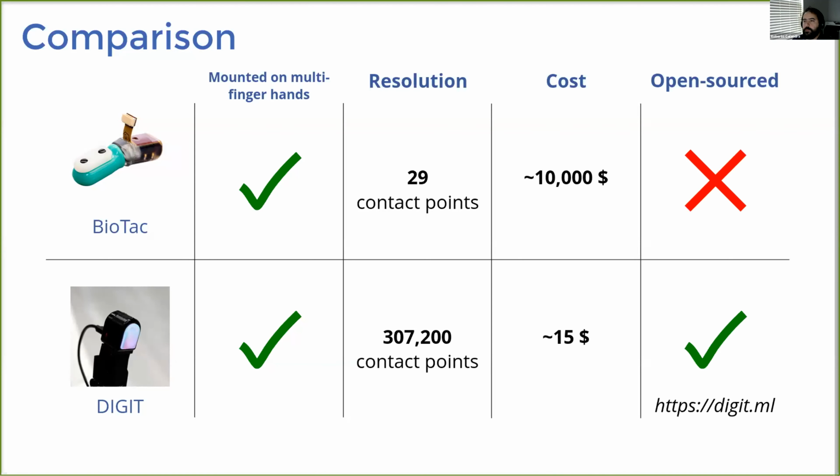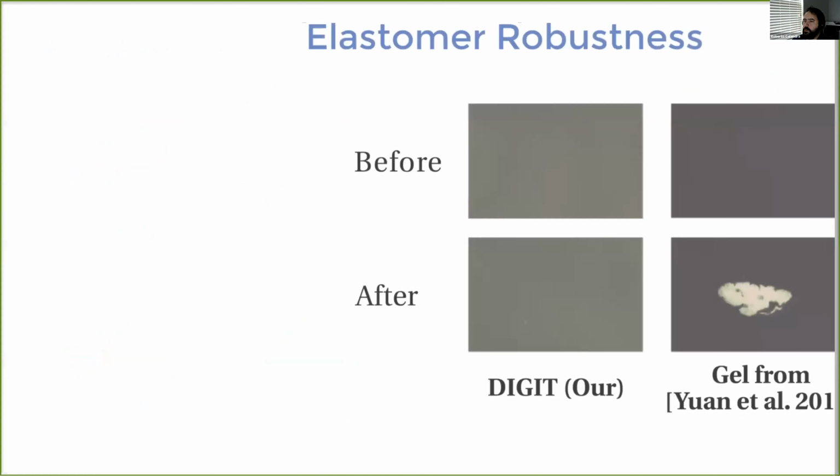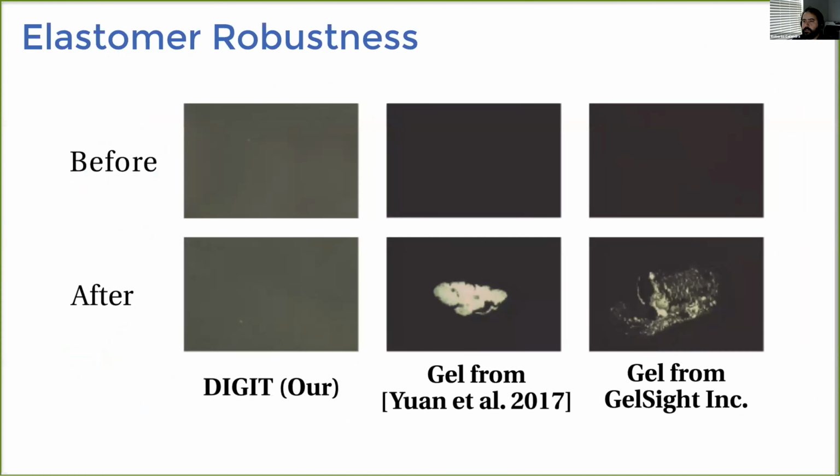So looking a little bit more into some of the improvements that we did in this sensor, I want to start from the elastomer. In parallel to the sensor, we also developed a new process for manufacturing elastomers in a more reliable and simple way. And while our elastomers are slightly more transparent to external light, they are also an order of magnitude more robust compared to other elastomers.